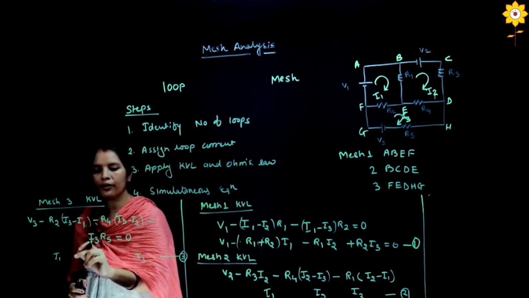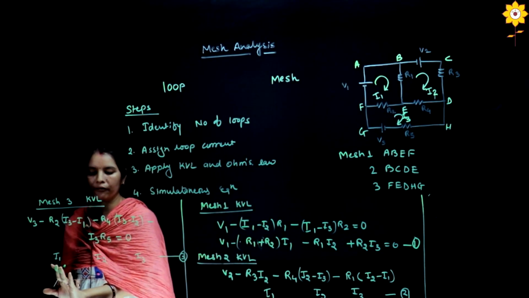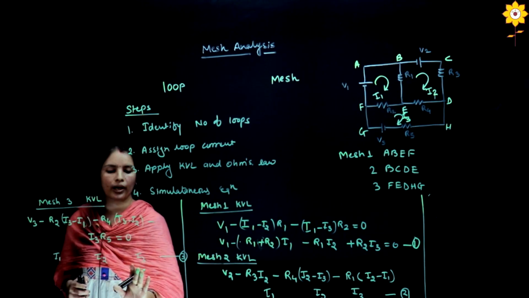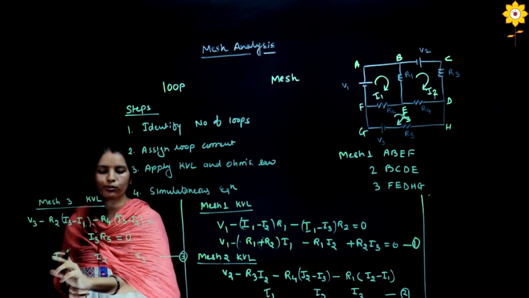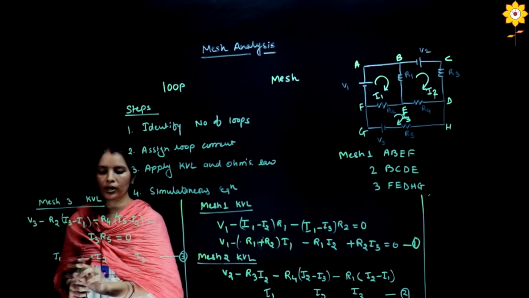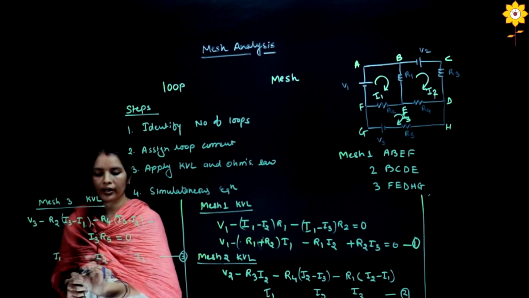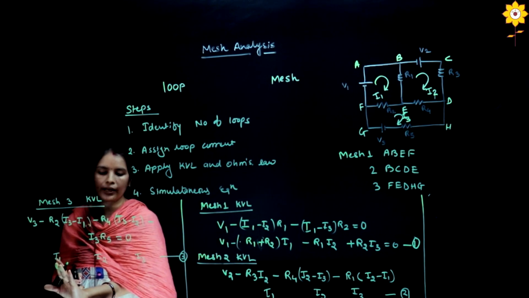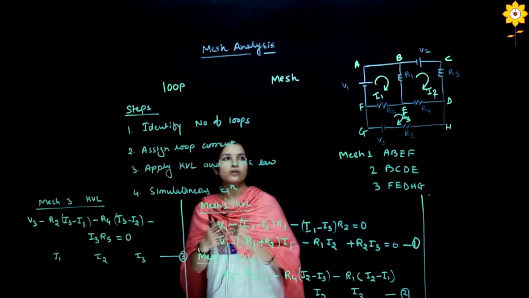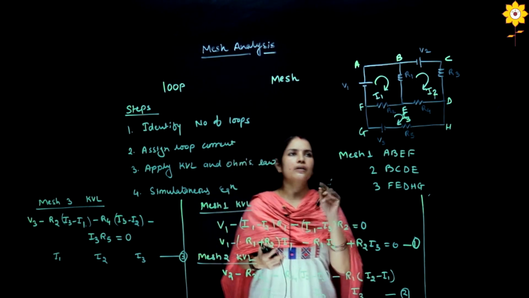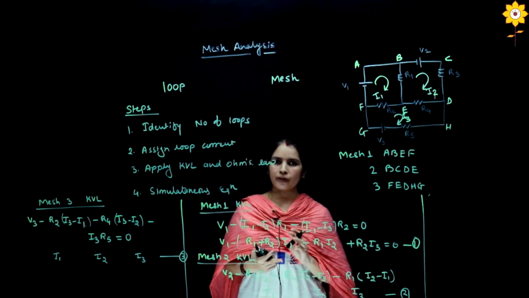In this way, again for this equation we will have unknowns I1, I2 and I3. Whatever values we have in the given network, as per this we will have the equation in terms of unknowns I1, I2 and I3. That will be our equation number 3. So you can see that this particular network consists of 3 meshes.